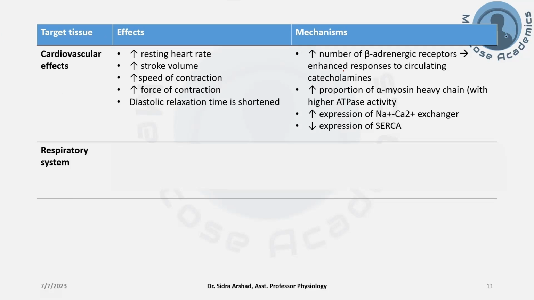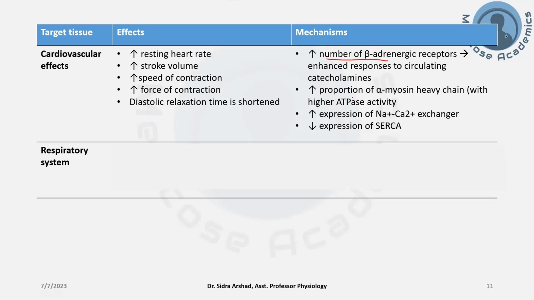The maximal effects are exerted only in the presence of thyroid hormones. Why is that? Because the thyroid hormones increase the number of beta adrenergic receptors. So when the number of beta adrenergic receptors is increased, the response to circulating catecholamines is enhanced.